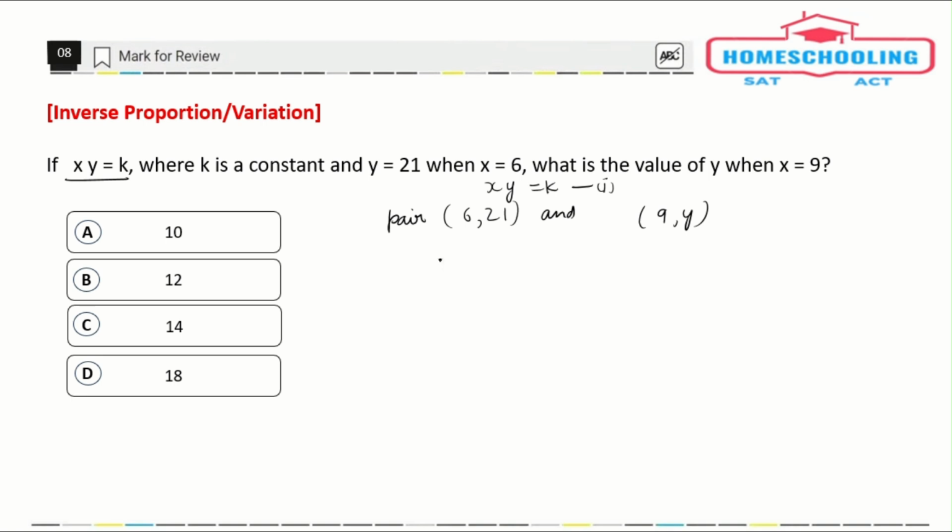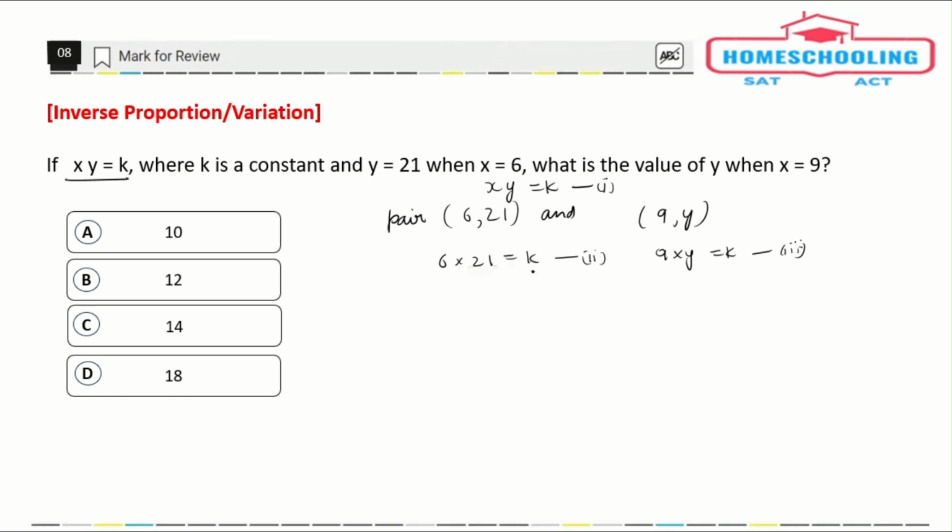We can say that 6 into 21 is equal to k, by putting the value of x and y from this pair. We will call this equation number 2. Similarly, we put the other pair in equation number 1. So 9 into y is equal to k. This is equation number 3.